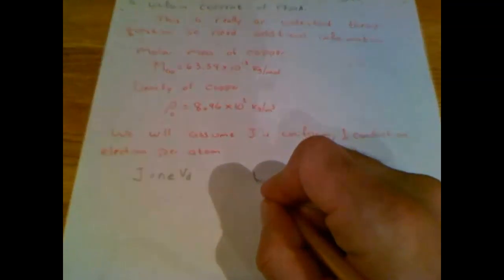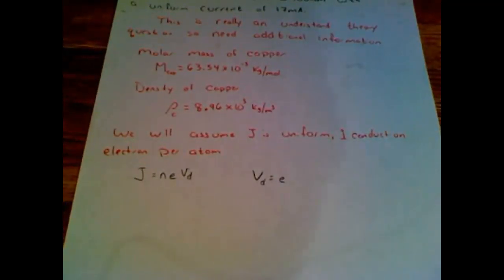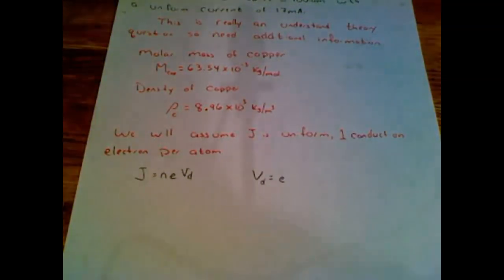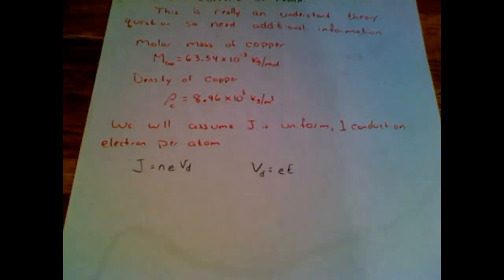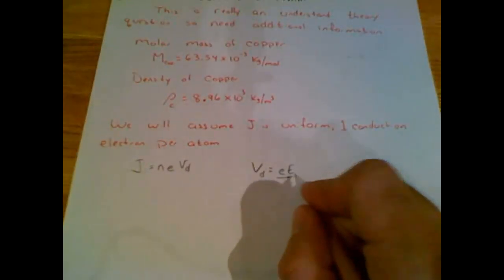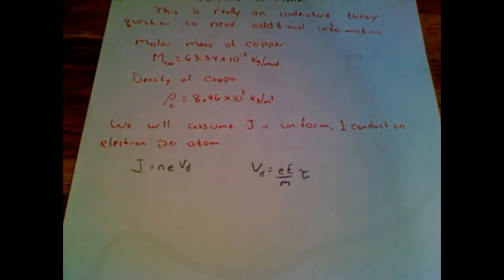We also know that the drift velocity comes from an application of Newton's second law. We know that the electrons, or the charges, are drifting down the wire due to some electric field because we applied a potential difference, divided by the mass of every charge carrier times that tau, which we learned is kind of like an average time, but tau is the time between collisions.